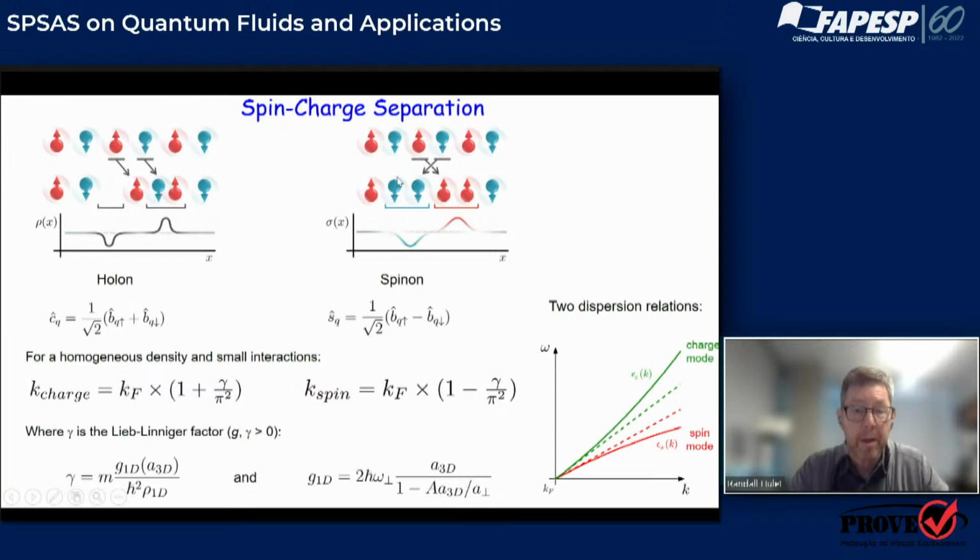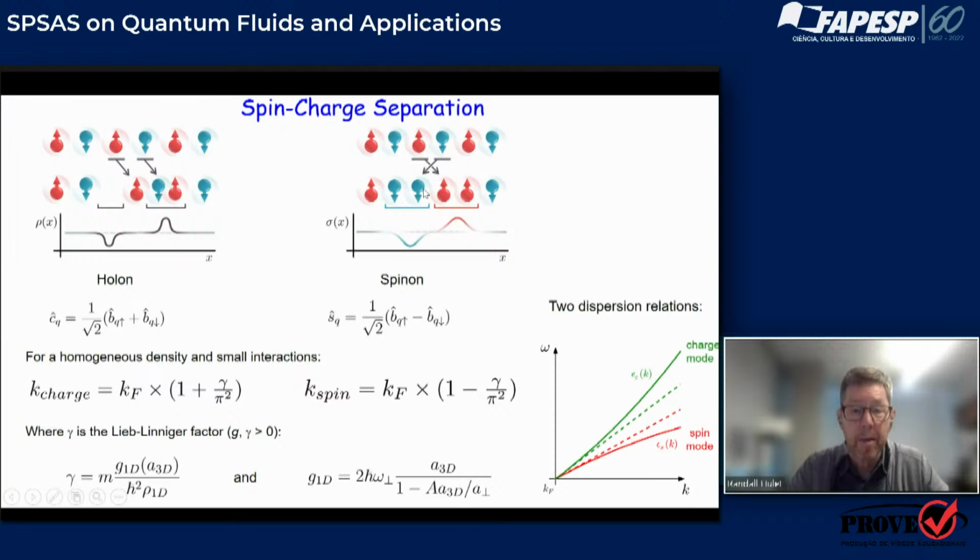Likewise, there can be a spin excitation. So there can be a down-spin electron which exchanges with an up-spin electron, and during that exchange process, it produces a spin defect. In fact, two of them.